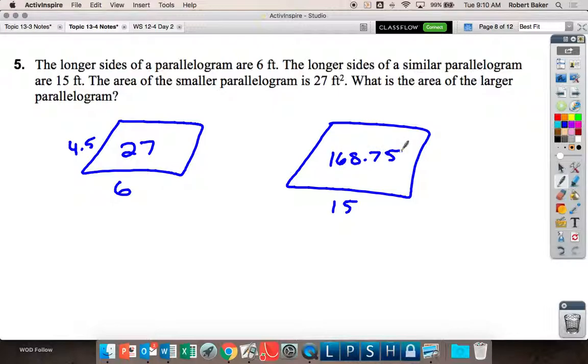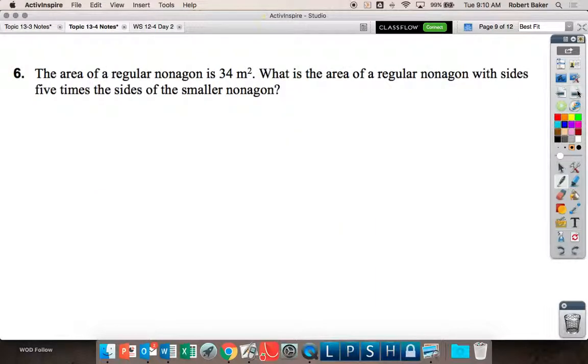You can backward solve that one by doing the area divided by the length. 167 or 168. And you get 11.25. So you can see where the numbers come from. And if you set up these ratios like 6 over 15 and 4.5 over 11.25, you still get that same ratio. That's just a way to kind of use what we're doing to solve for more information.